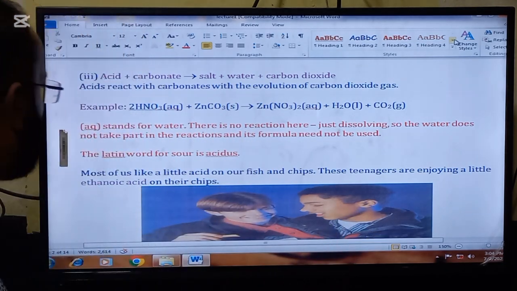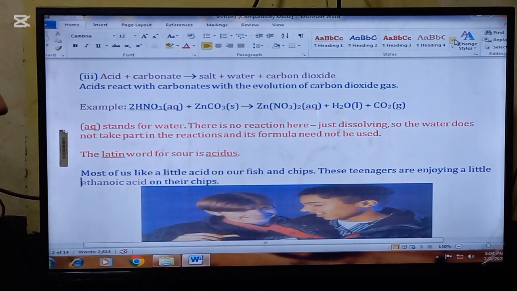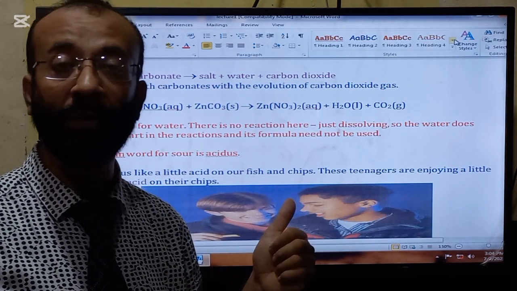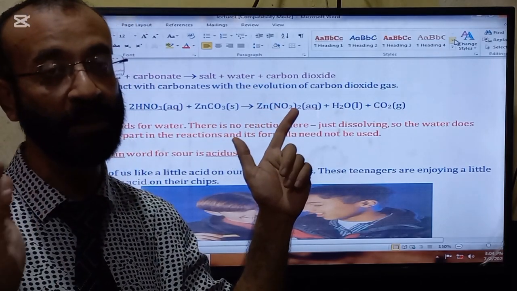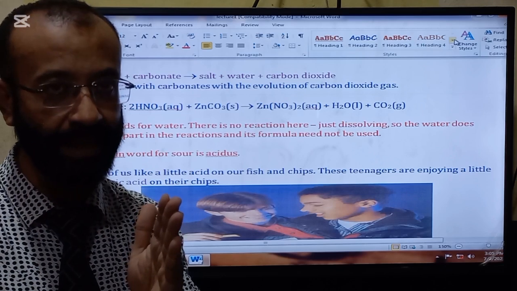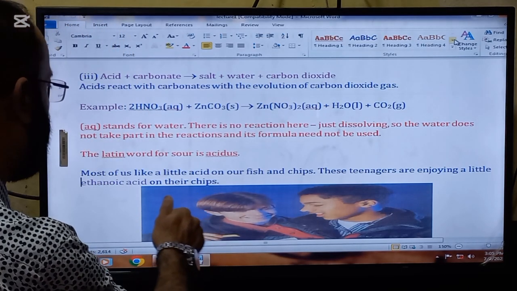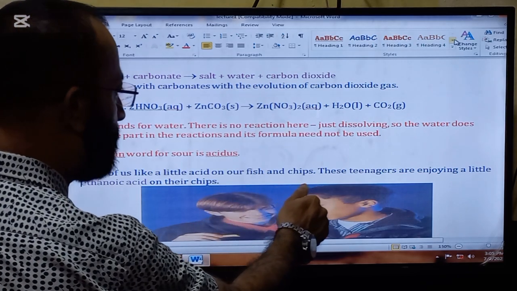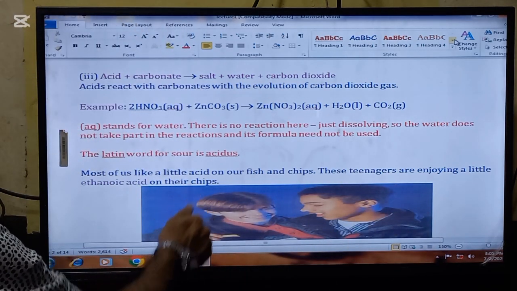The Latin word for sour is acidus. So actually we have read earlier that acids have a sour taste. So sour stands for acidus. Most of us like a little acid on our fish and chips. These teenagers are enjoying a little ethanoic acid on their chips.